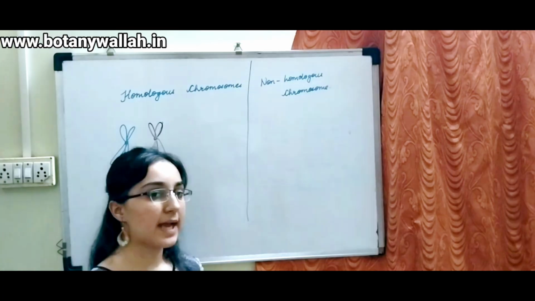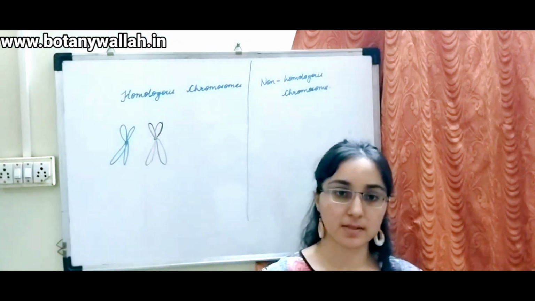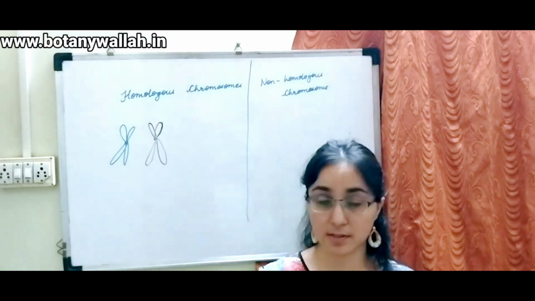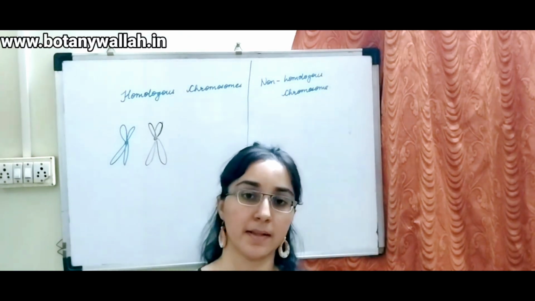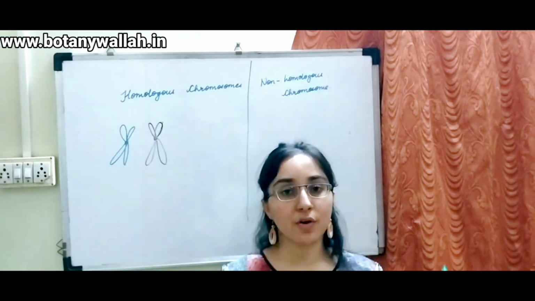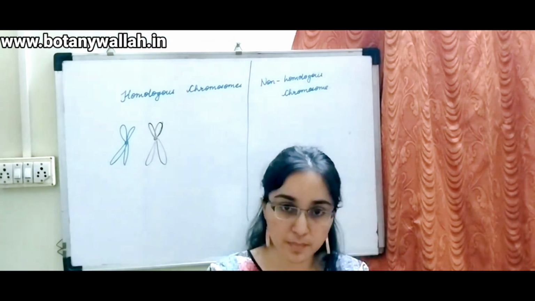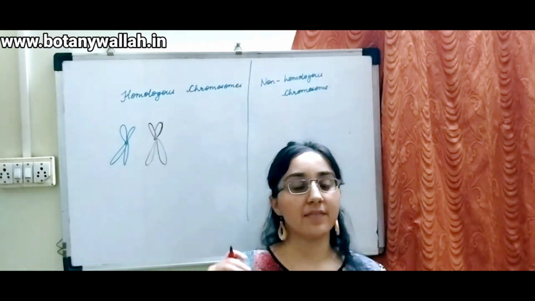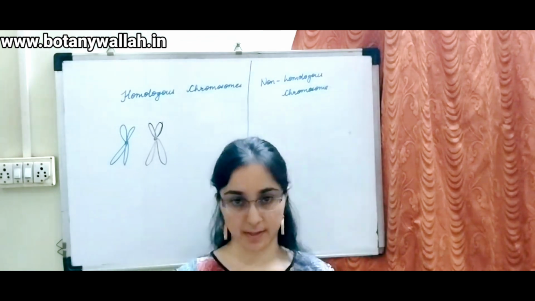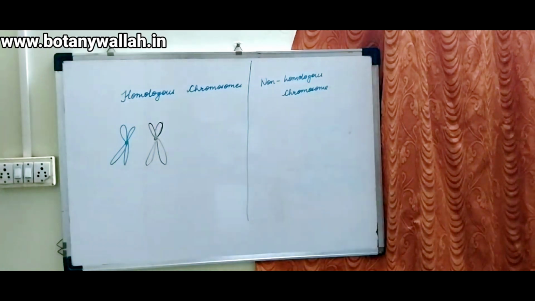So during cell division, what actually happens in meiosis? During cell division in meiosis, in prophase 1, in the zygotene stage, the homologous chromosomes come and pair. One chromosome comes from the paternal side, that is from the father's side, and one chromosome comes from the mother's side. To make it very clear, let us take two chromosomes.